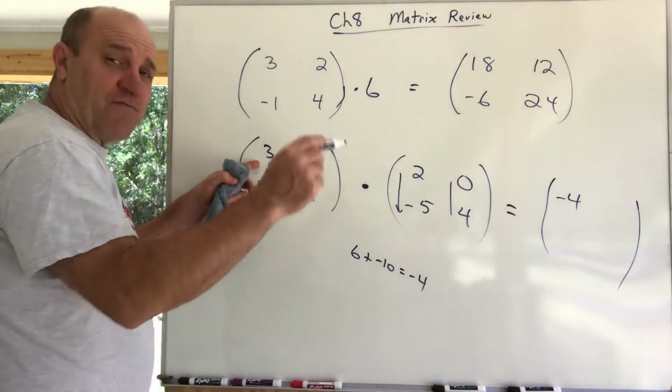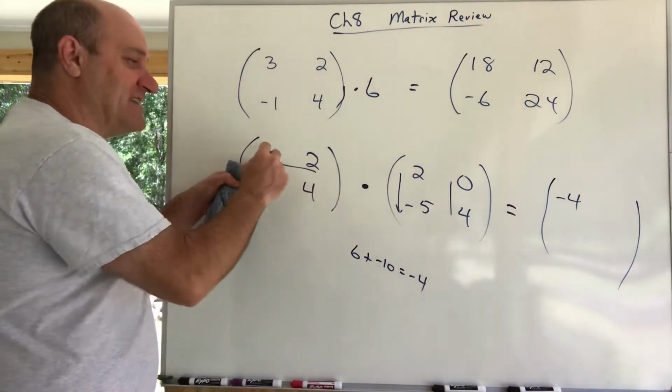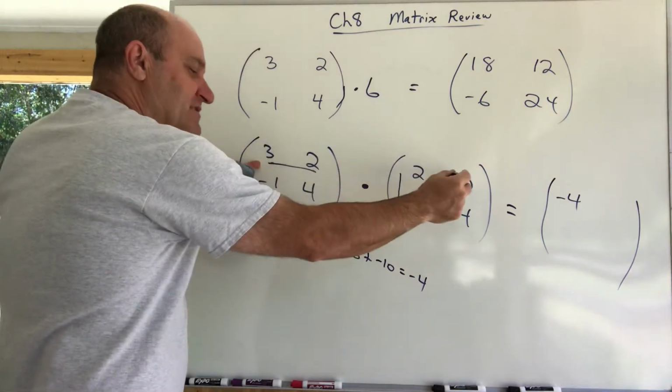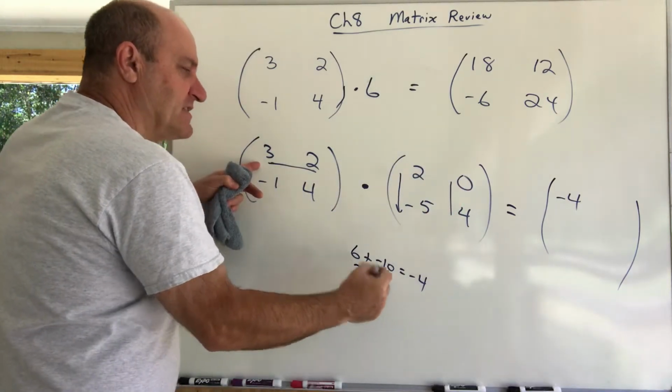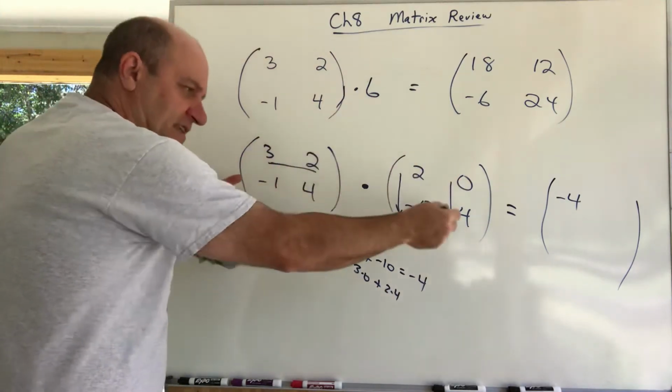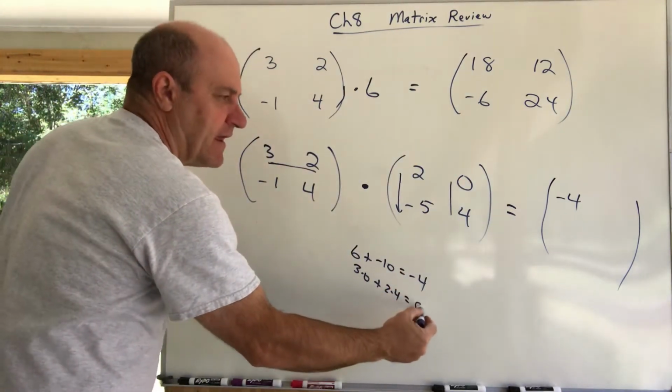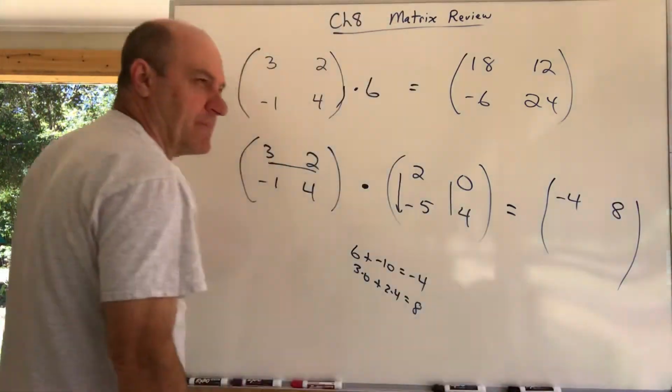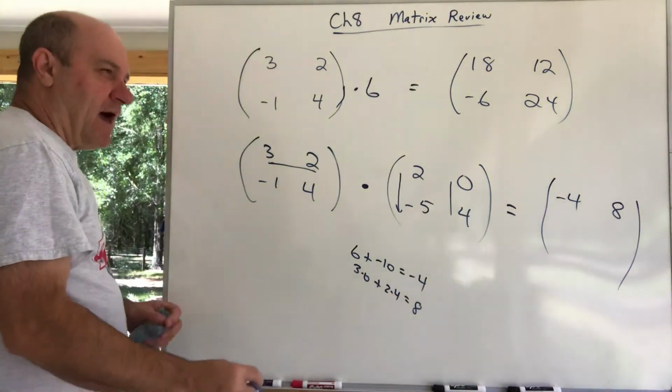And you put that in the first row, second column spot. So that's 3 times 0 plus 2 times 4. So that's 0 plus 8. It's an 8. And that goes here. Takes some getting used to.